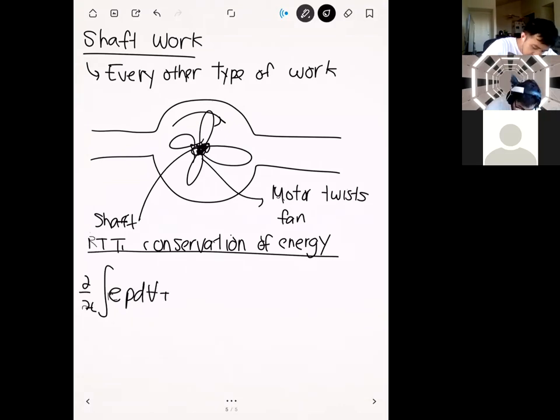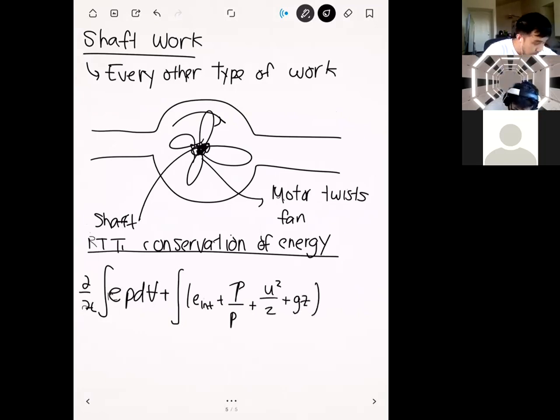And so that's our unsteady term, the same as before. Now we have our inflow outflow term, and I'm going to expand this so that it contains basically everything. This is rho U dot n dA.